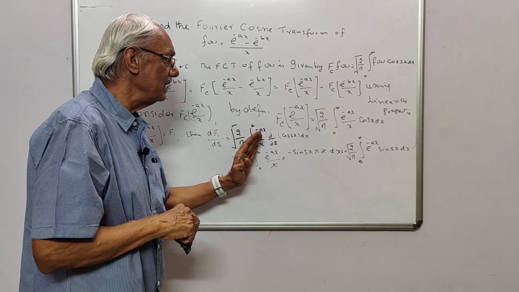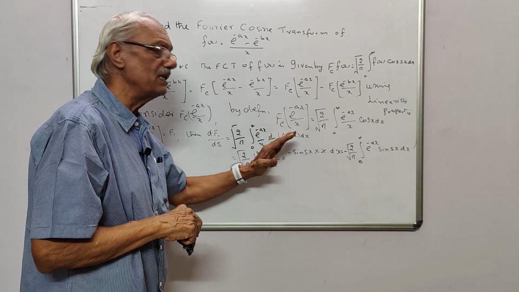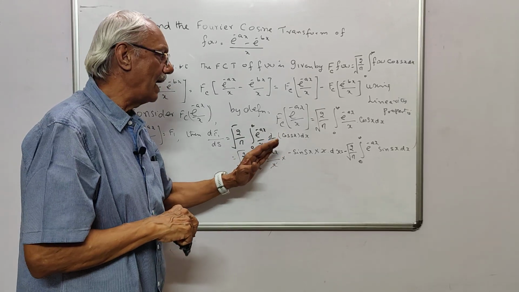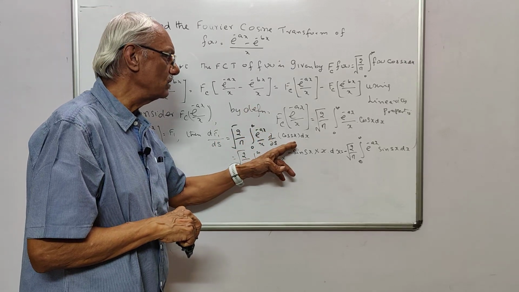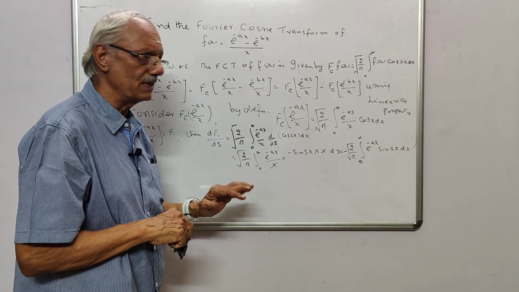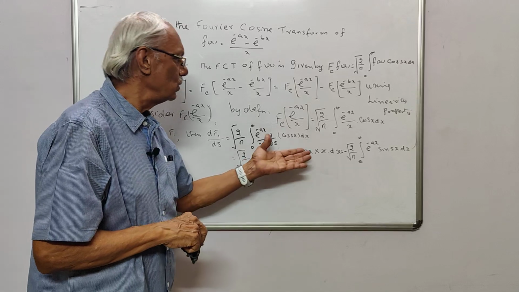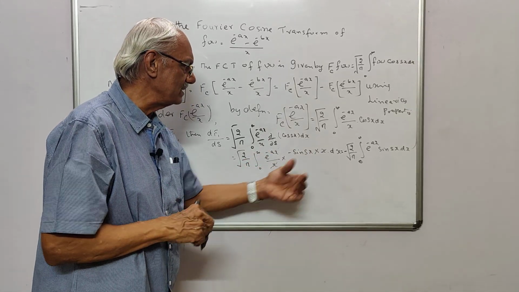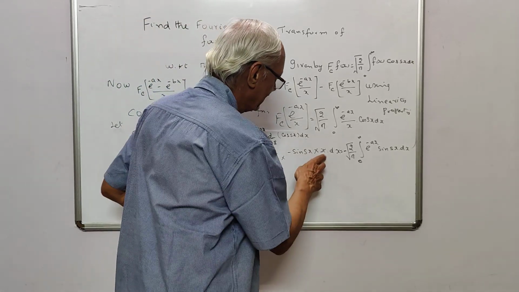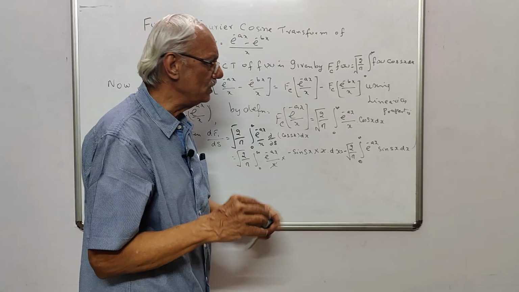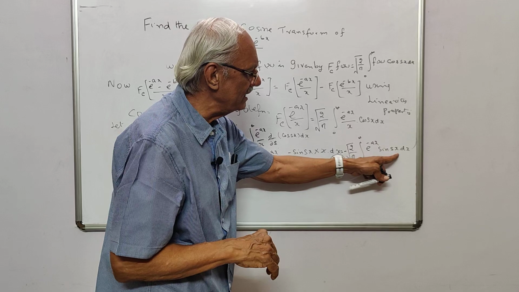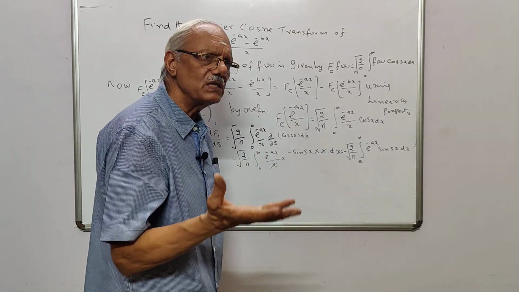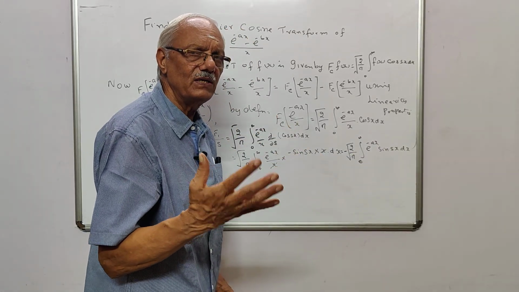So the differentiation can be taken inside the integral, and it has to be partially differentiated because cos is a function of two variables s and x. While doing like that, you are able to get rid of this x. You see that this x and this x go off, leaving you with the integrand e to the power of minus ax into sin sx into dx, whose integral value I know.